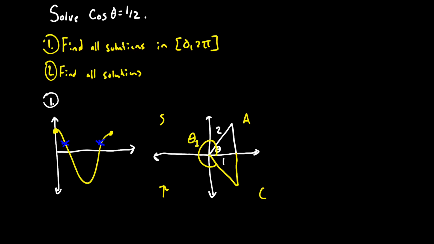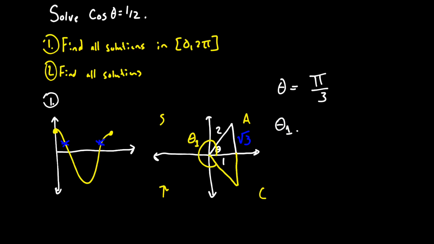So let's first go ahead and find theta. We see that the opposite side of our angle theta on our right triangle should have square root of 3. This tells us that theta is going to be equal to pi divided by 3. Now to determine what theta 1 is, we need to go ahead and subtract the reference angle from 2 pi.